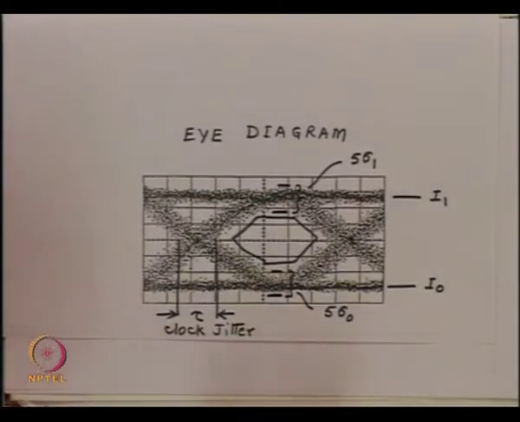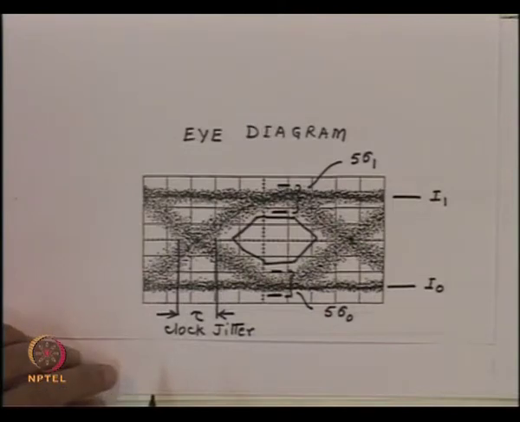Clock jitter is the random fluctuation of the clock with respect to the data, and because of that, when we try to sync the data with the clock, this period is not perfectly synced, and we have a random fluctuation in this point.